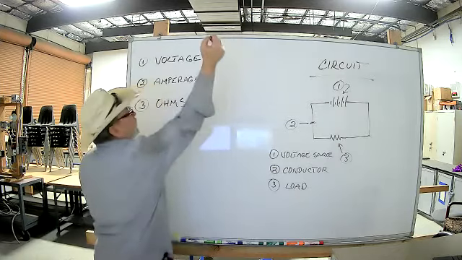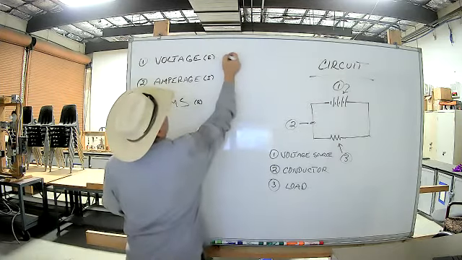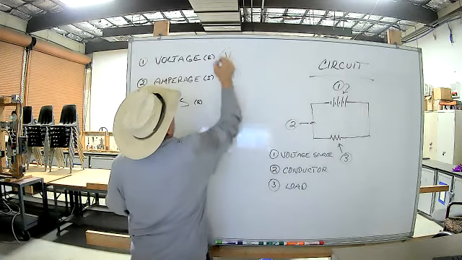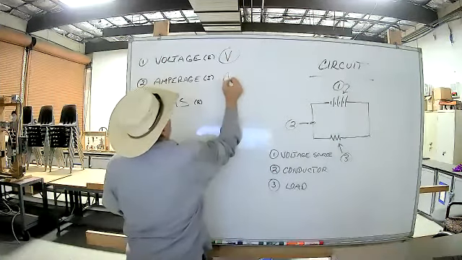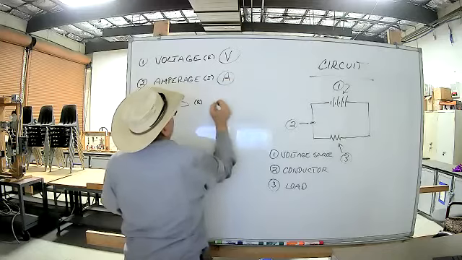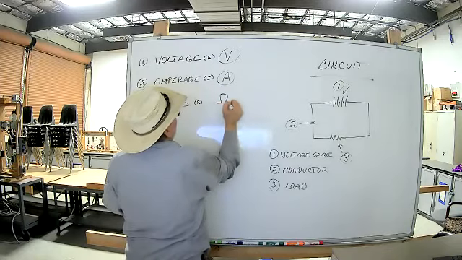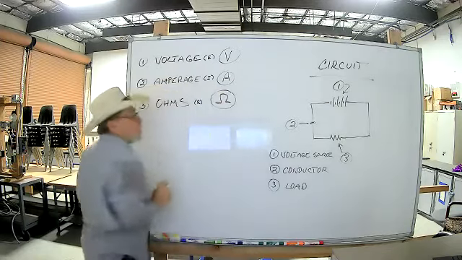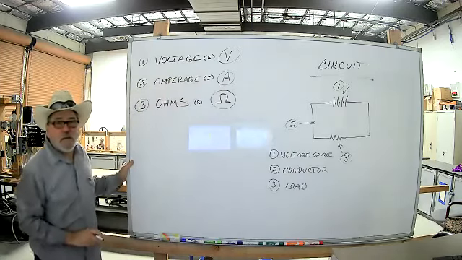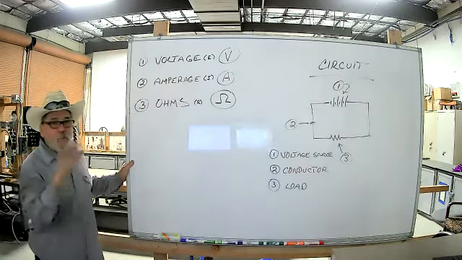But really, in the real world, you're going to have a V for voltage, an A for amperage, and this omega symbol for ohms. So that is what we're going to use.